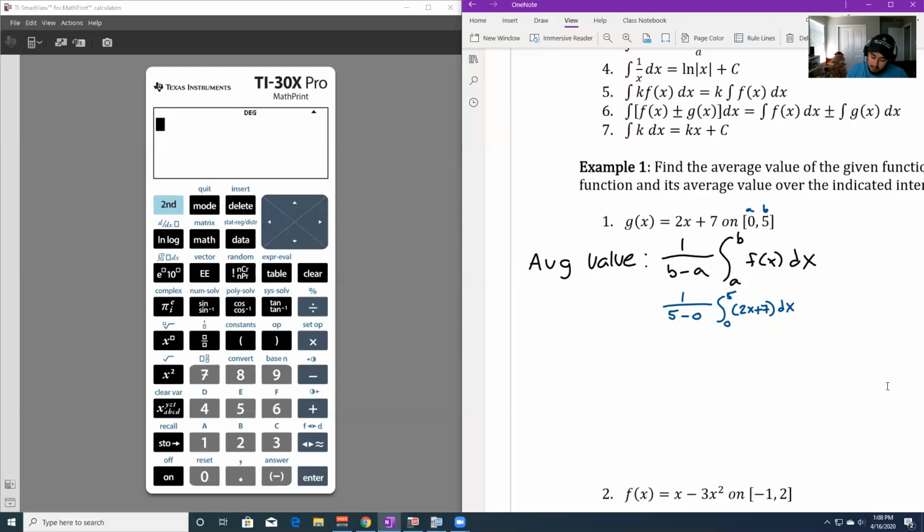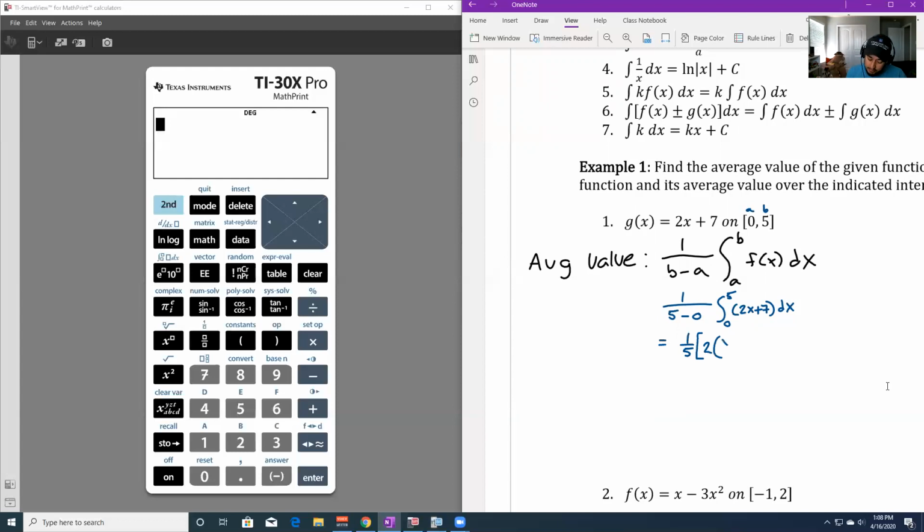Now, let's go ahead and clean this up. This will become 1/5 times, and let's go ahead and find the antiderivative already. So I'm going to put a bracket here, and let's start with the antiderivative of 2x. So the 2 remains in front, and we apply the power rule to x.